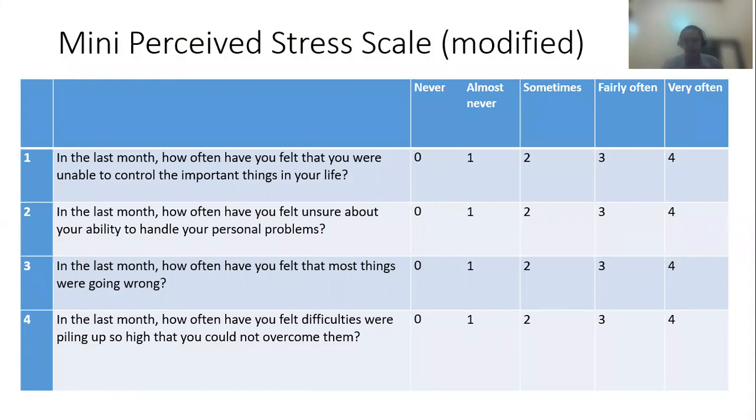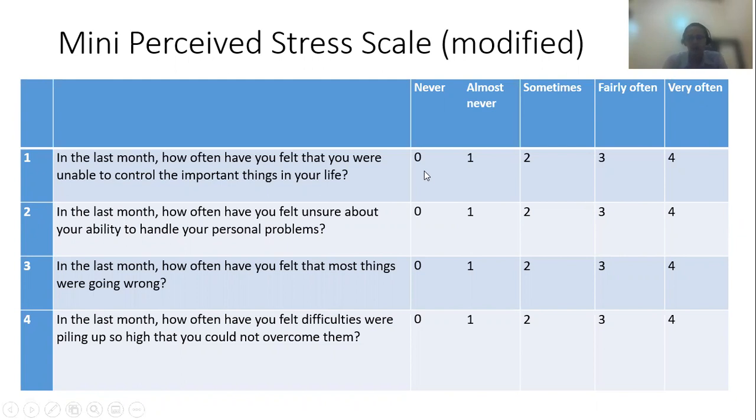It has been modified to adjust to our class. I would like you to pick a pen and paper or pencil, or even put down your answer on your cell phone or tablet, as long as you answer all these questions. This is a stress scale, only 4 items, each item consisting of a question which you need to answer.